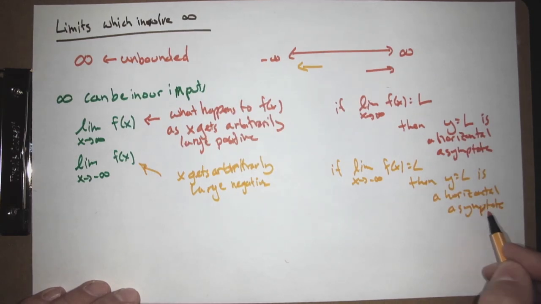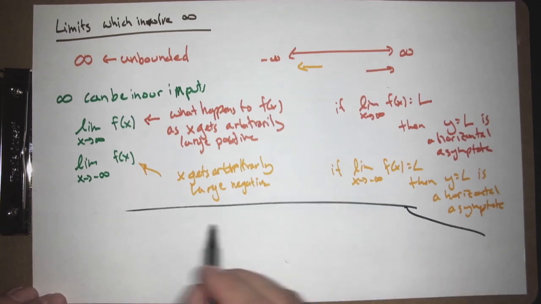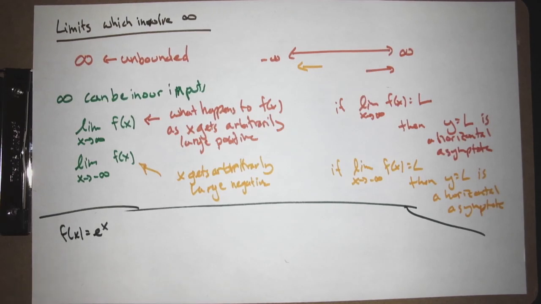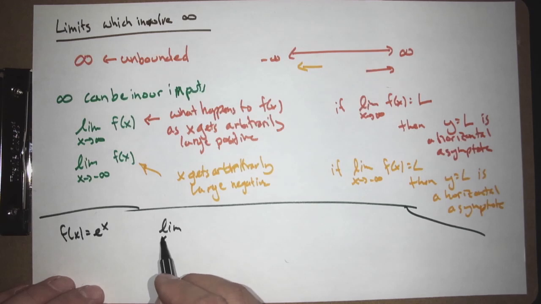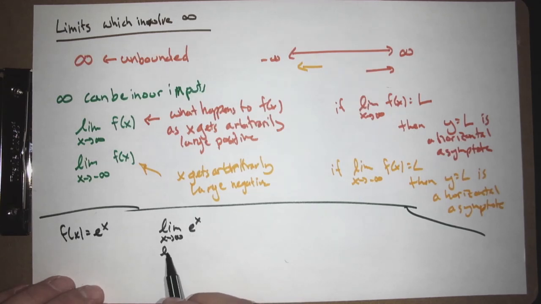So let's look at a couple of really simple examples, and we'll get to what our other situation is. Let's try our function f of x equals e to the x. What happens to e to the x as x goes to infinity, and as x goes to negative infinity?